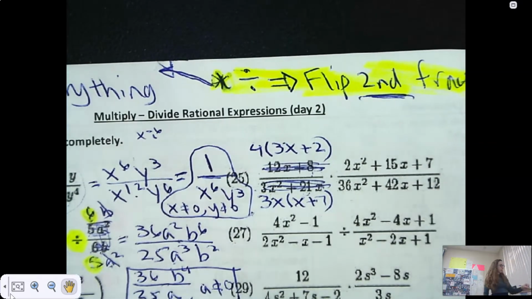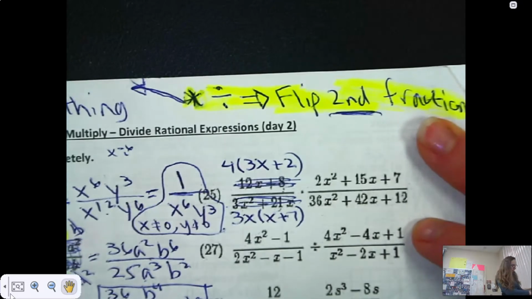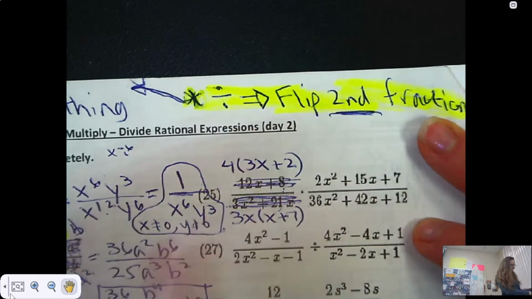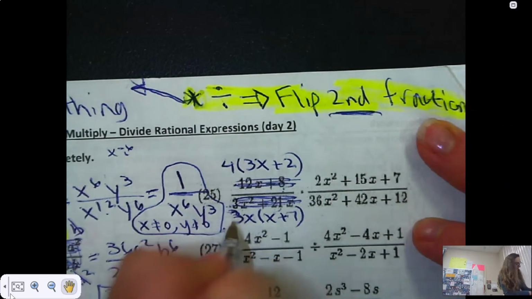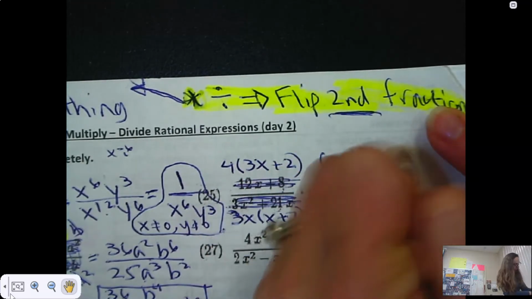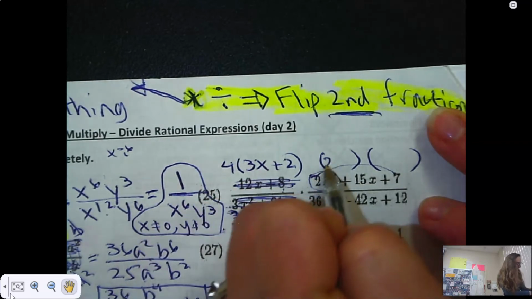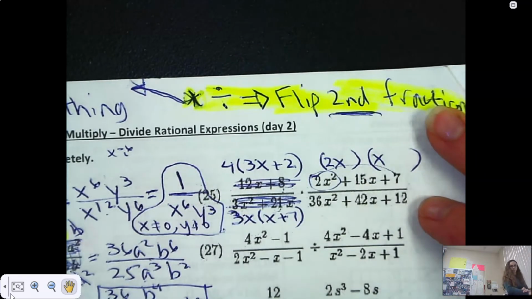Now, I don't know about you, but when I see these problems, my goal is to make it as easy for me as possible so that I can get the right answer and be efficient with time. Now, some of you would do the magic X and do this, but I'm going to show you guess and check now. All right. So since I see 2x squared, my only option is 2x and x.